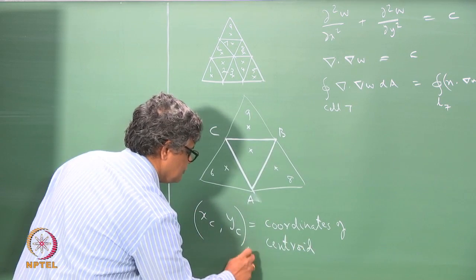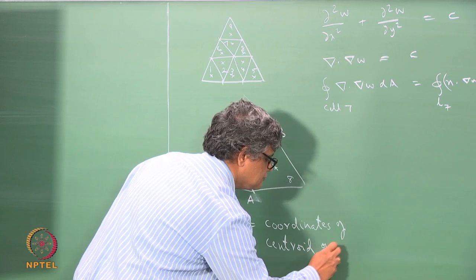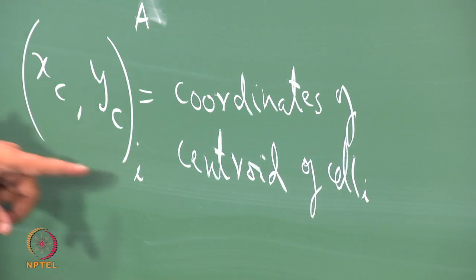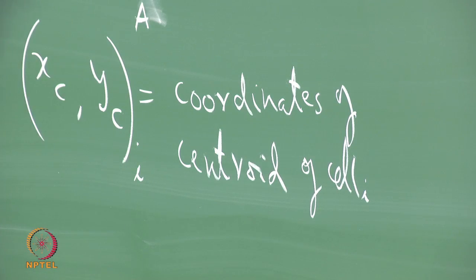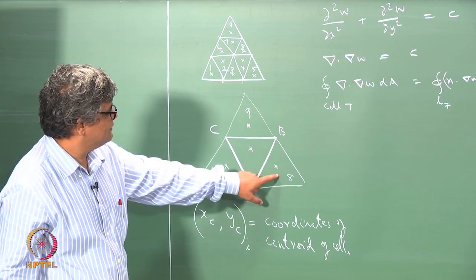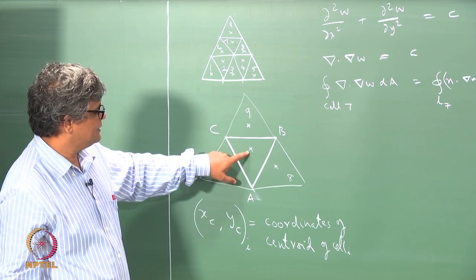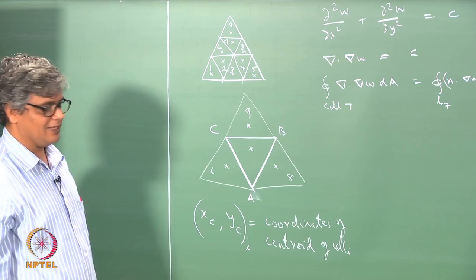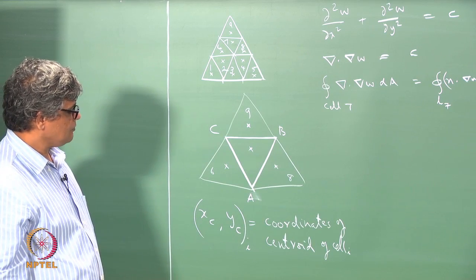For the ith cell, we have XCI and YCI as the coordinates, and therefore we know the centroids of cell 6, cell 7, cell 8 and cell 9. These are known from the geometry and layout.